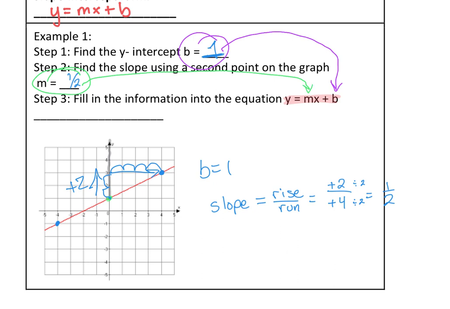So the x and the y are going to stay exactly as is. So let me show you. So it's going to be y equals, now instead of m, I'm going to write, you got it, 1 over 2. I'm going to leave the x. The x and y stay. Plus positive 1. And we have written a linear equation from the graph.